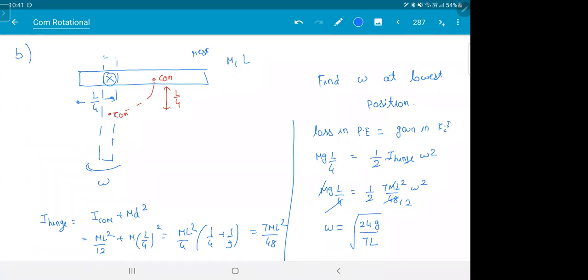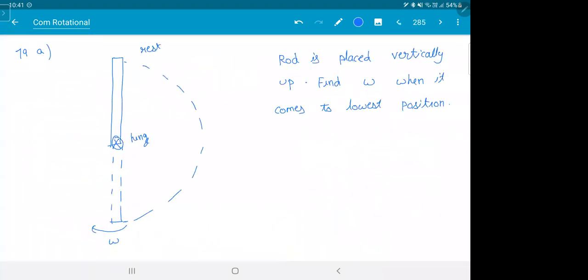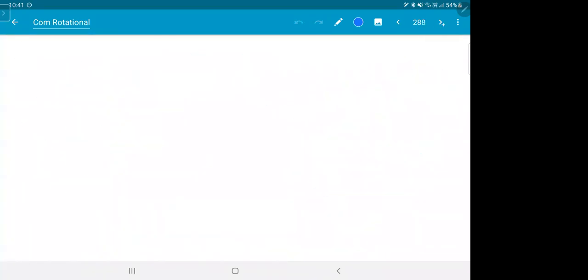Work and power due to torque. Just like work and power due to force, now we also have work and power due to torque.